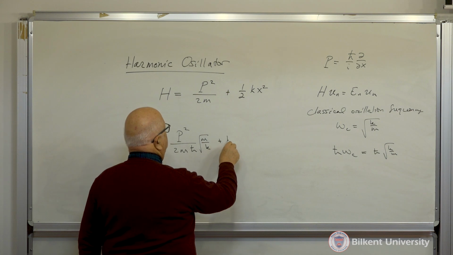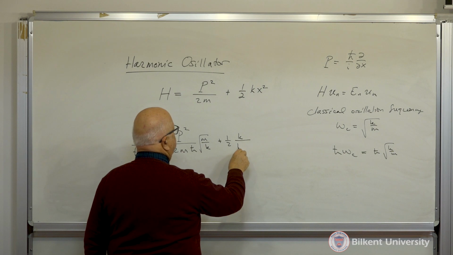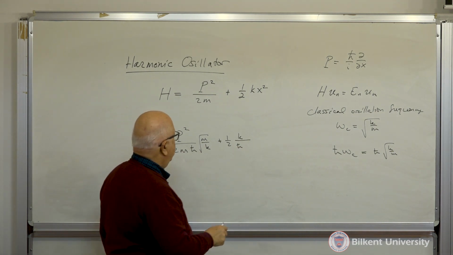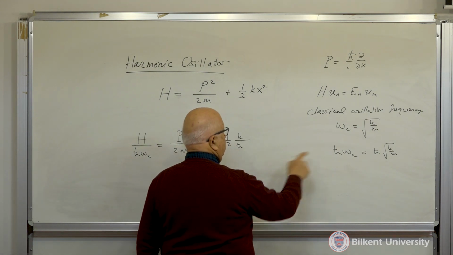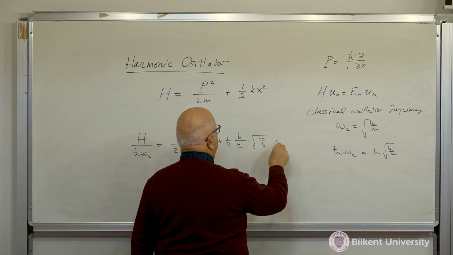The other term will be 1 over 2 k again over h bar, and then again the reciprocal of omega c, which is m over k, times x squared.